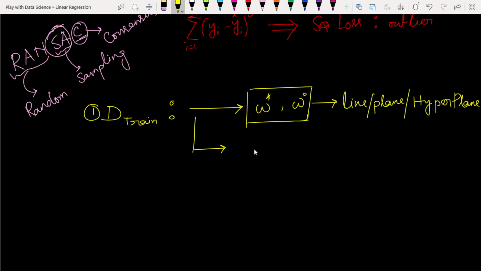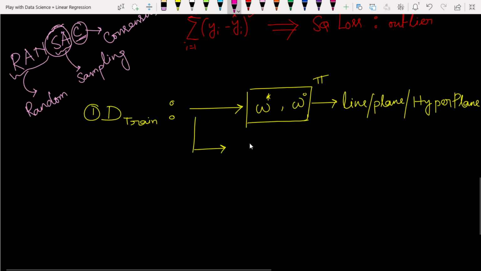After finding this plane, which we call pi, we find the points which are very far away from this pi plane.